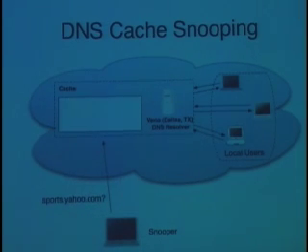But what happens if I ask this remote cache and it doesn't have the answer? Before, I told you that the way a DNS resolver works is that if it's not in the cache, it will go out into the cloud to the Yahoo name server, fetch the answer, put it in the cache, then give the answer back to me. But when we're doing the snooping technique, we don't want to poison this cache with our own DNS queries. We don't want to put sports.yahoo.com into it.